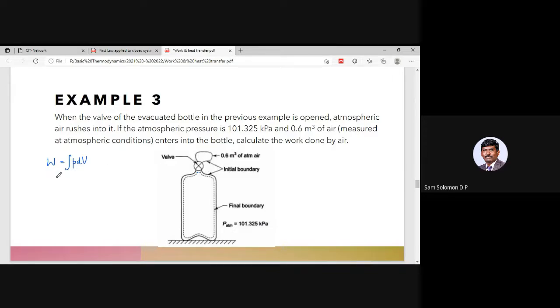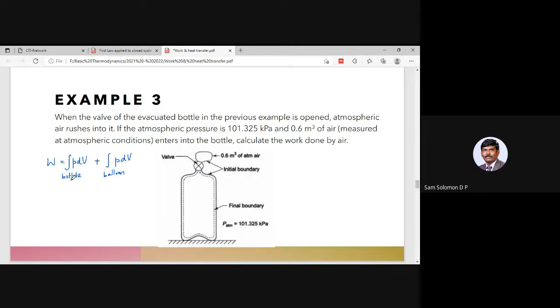That is why we call it a closed system. So for the closed system, assuming it to be a quasi-static process, we consider integral PdV. In this case, there are two components: one is the bottle, the other one is the balloon. So we have two components here.